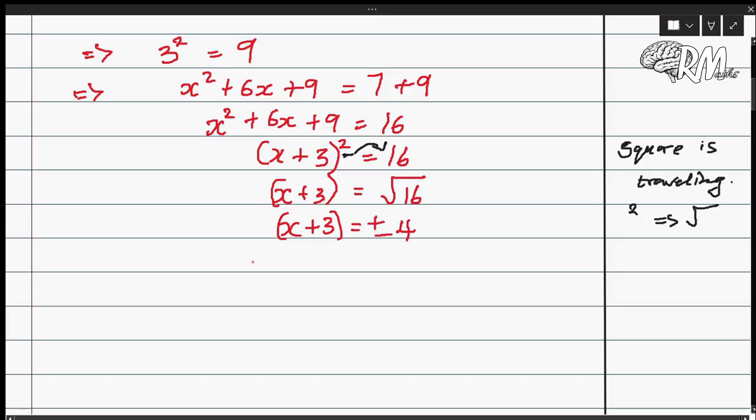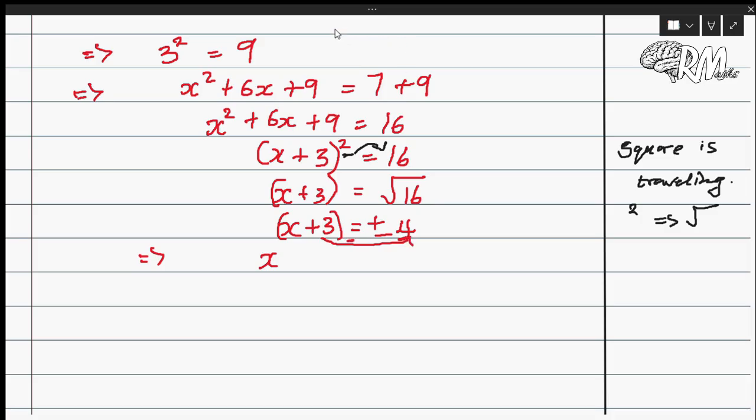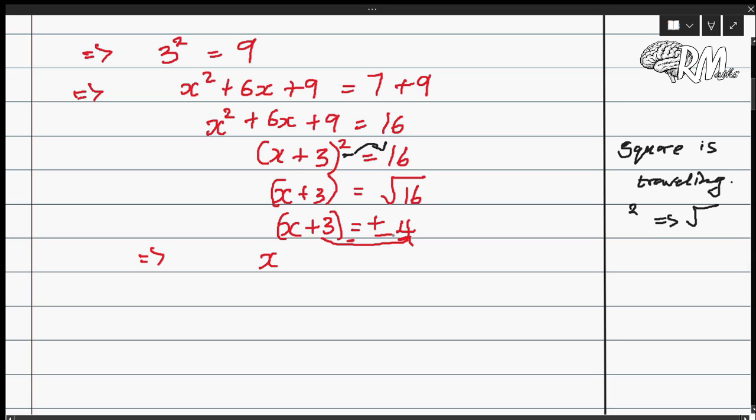So the next step is I'm going to have x. I'll just have to take this plus 3 to the other side, and when it's going, remember, it's going to have minus. Now this plus or minus 4 simply means I'm going to have two answers, a positive answer which will be plus 4 and a negative answer which will be minus 4.